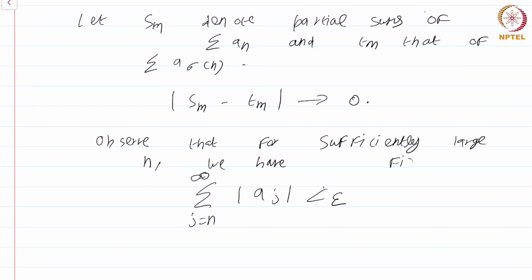So I have to fix epsilon greater than 0. Given any epsilon, for suitably large n, the series summation j equal to n to infinity mod Aj will be less than epsilon. This is just rephrasing the fact that the series of absolute values must converge, because that is there in the hypothesis.